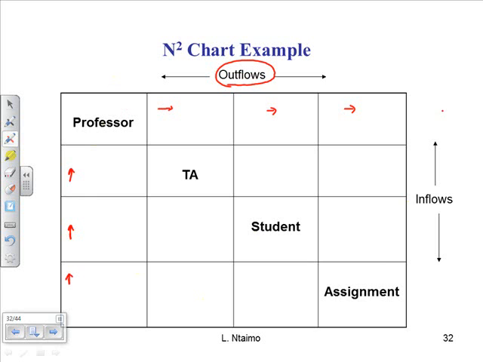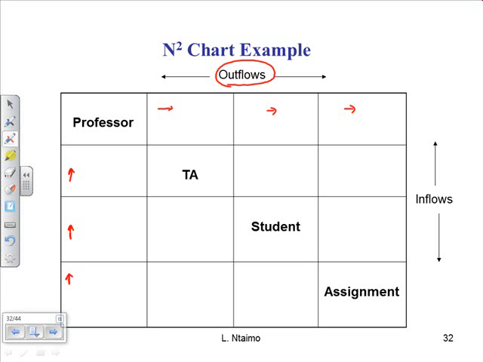So this way is going to be the outflows, and then this way is going to be the inflows. Okay? This is going to be very, very useful early on in your system analysis when you're trying to understand a complex system to be designed or an existing system, and you're trying to figure out the relationships or interchanges between the different entities of the system. Okay?